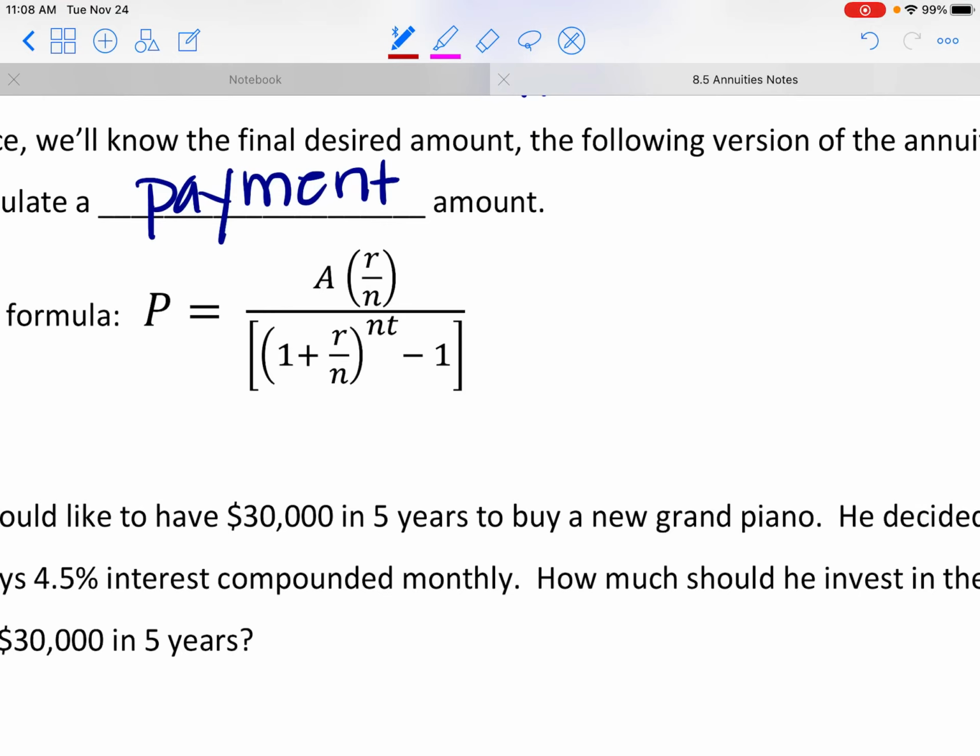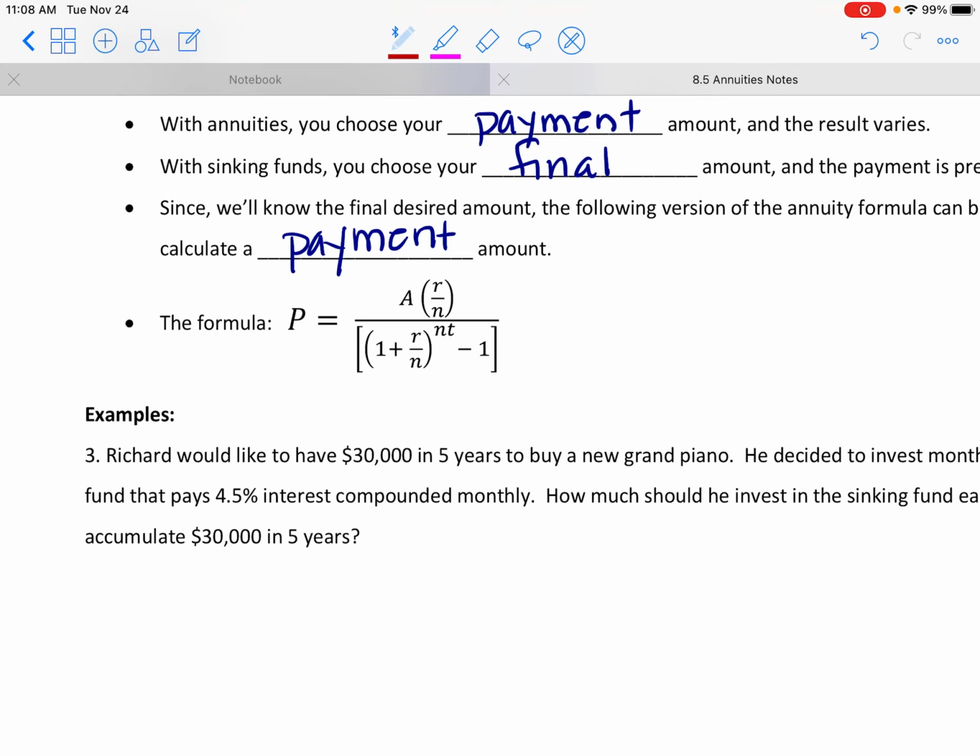If you look here, again, we have A being multiplied by R over N and then divided by the whole thing in brackets, so the formula is P equals.